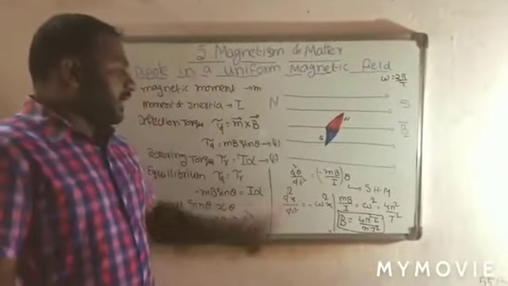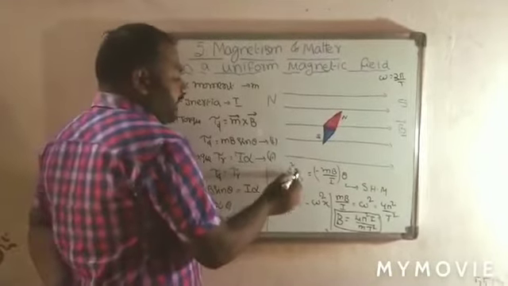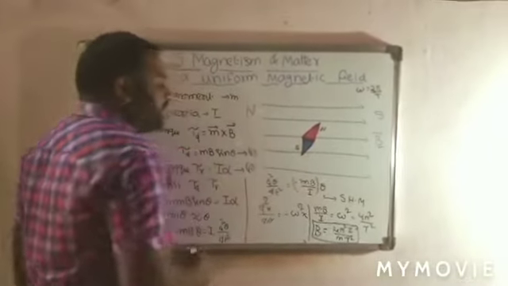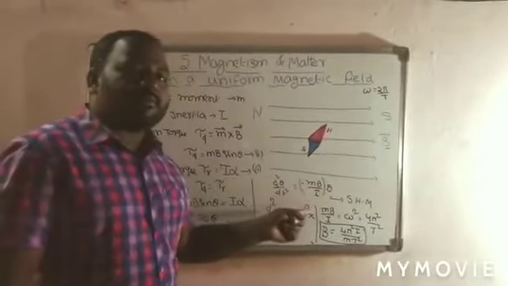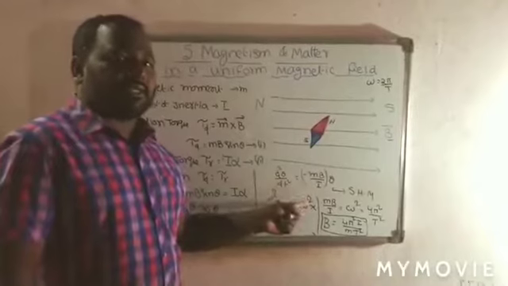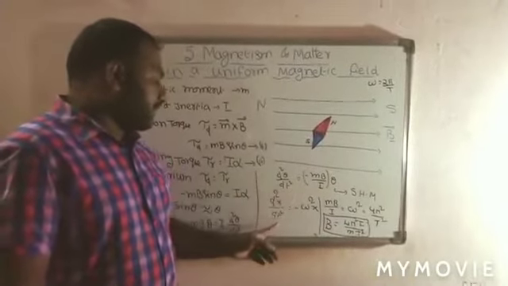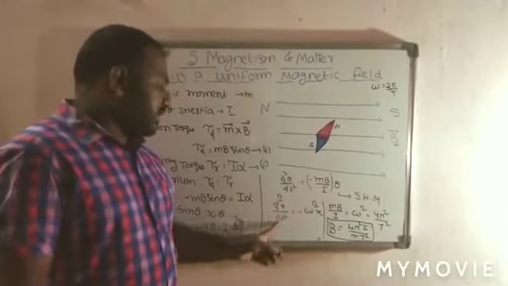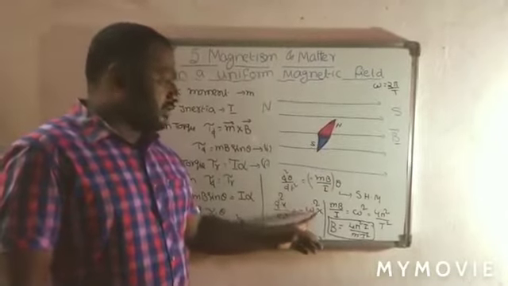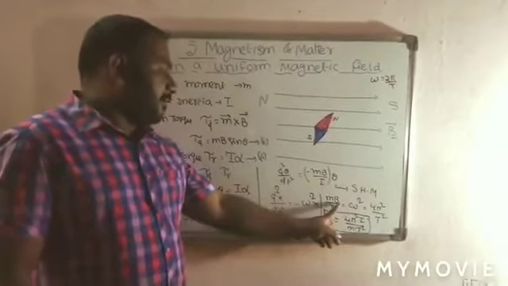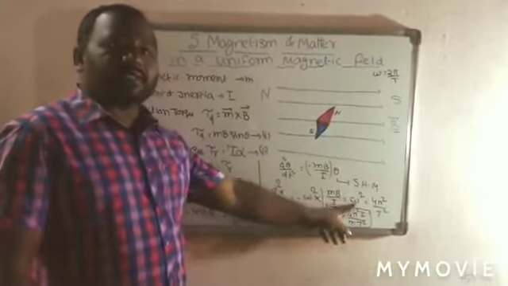Substituting here, we get an equation, that is d square theta by dt square equals minus mb by I into theta. This equation is similar to the simple harmonic motion equation. In the first year you have that simple harmonic motion. Remember that equation, d square x by dt square equals minus omega square x. By comparing these two equations, we obtain mb by I is equal to omega square.